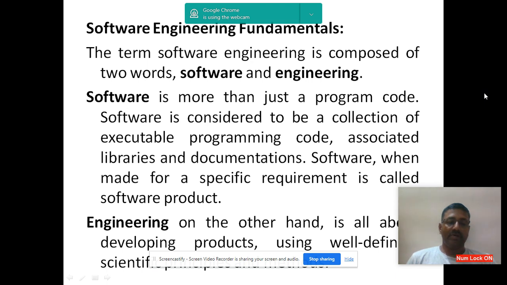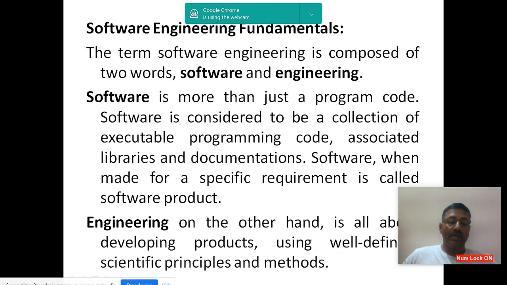That is why software plays a very important role nowadays. Another term is engineering. Engineering covers all the scientific principles and methods, and also provides a systematic way of approaching things.